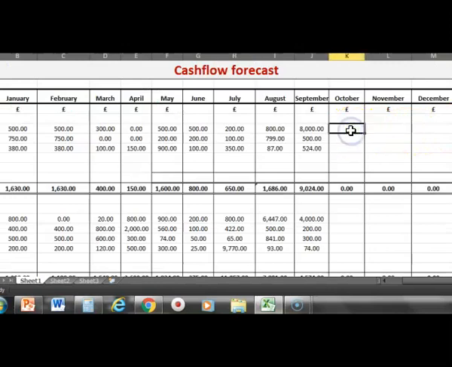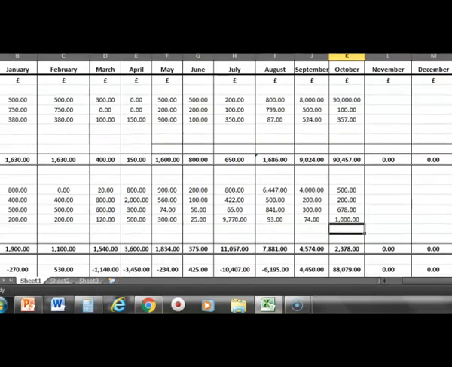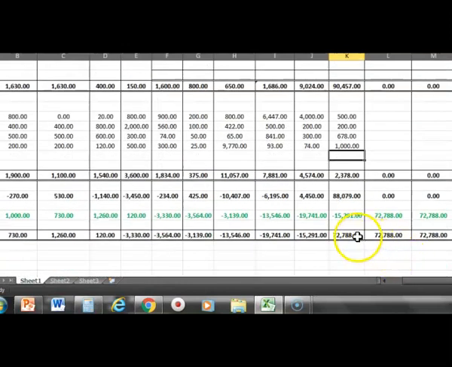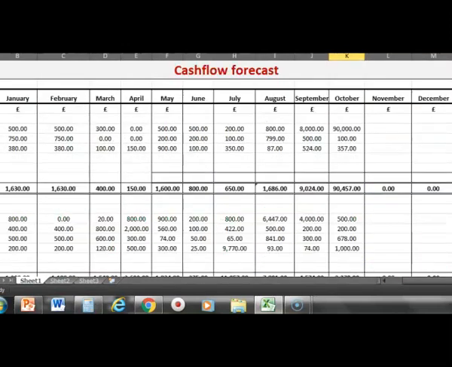Now here, let's say they now make £90,000 there, and then here 500, 200, 780, 1,000. Okay, 1,000 there. Okay, they're making money there. Good.